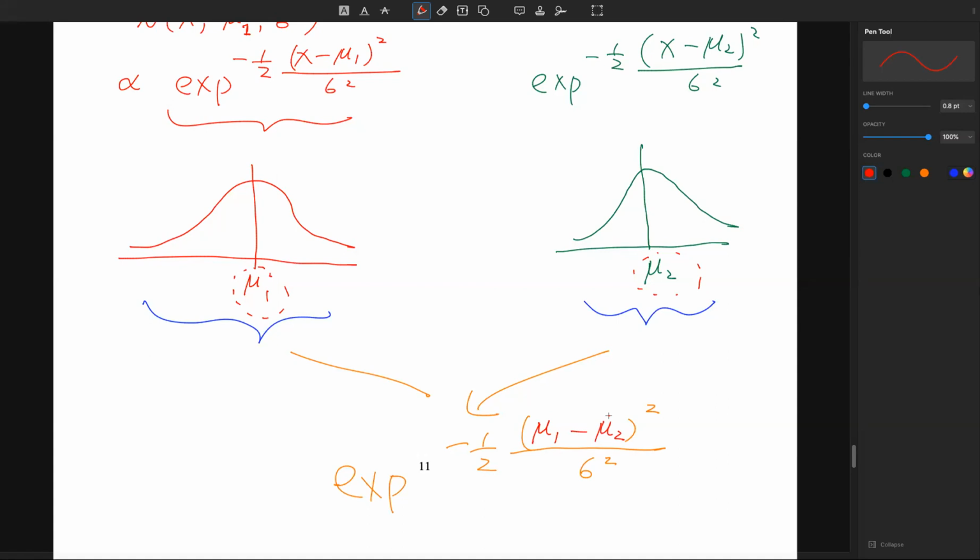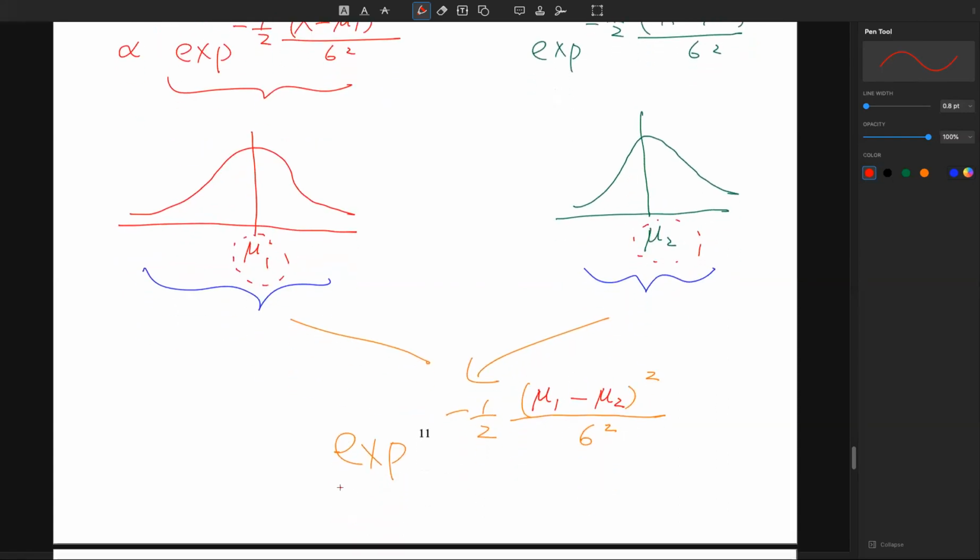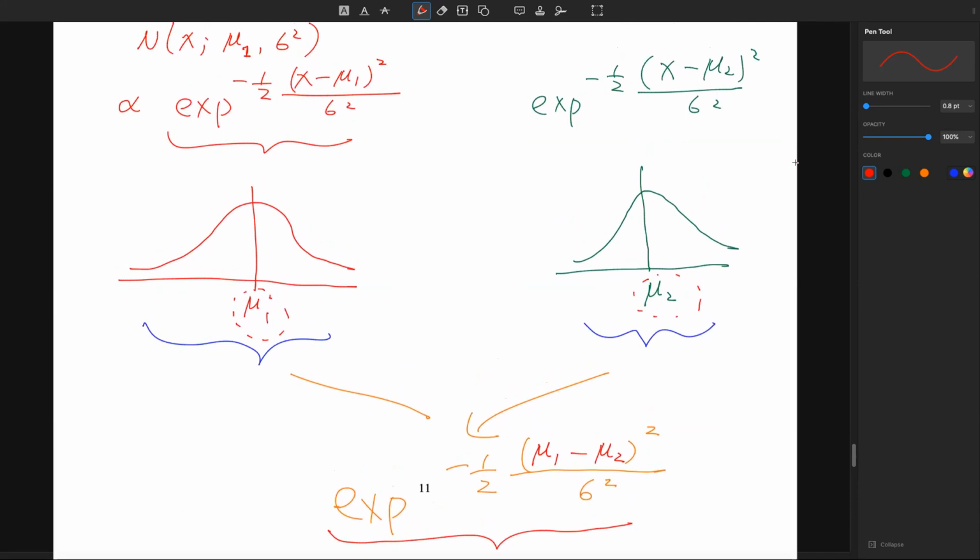Hopefully you understand that. Now, for this to happen, there must be some conditions. What are the conditions? This function must have a property such that the parameter and the variable must be of the same dimensionality.